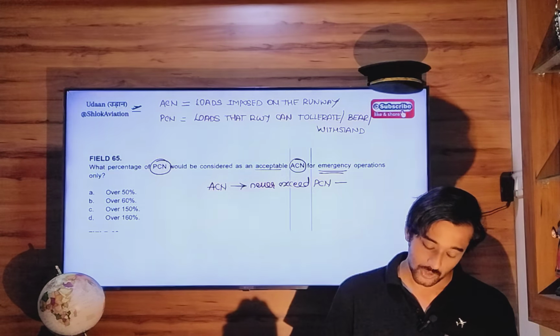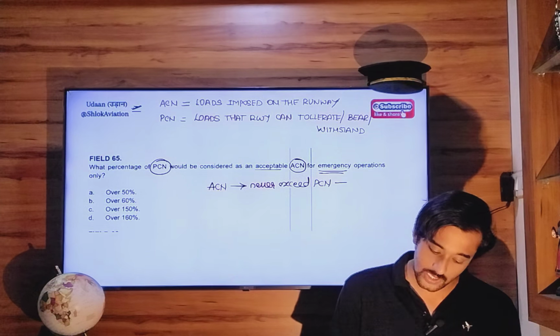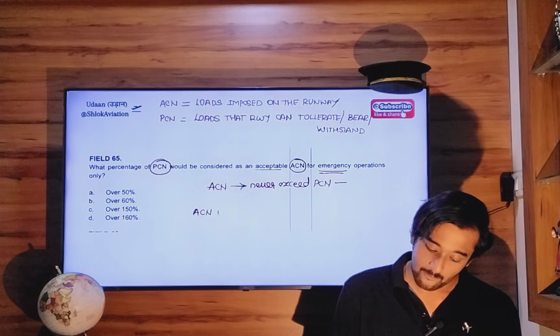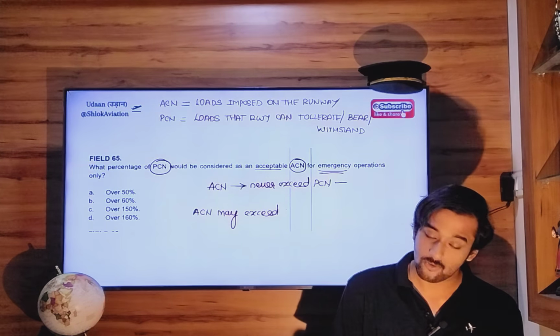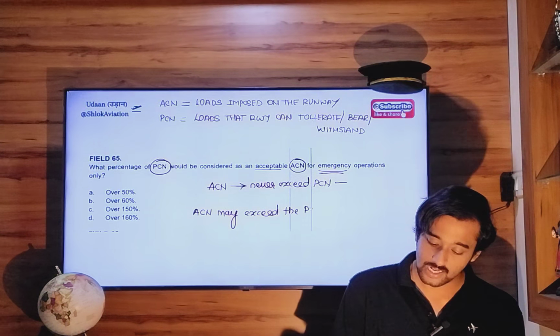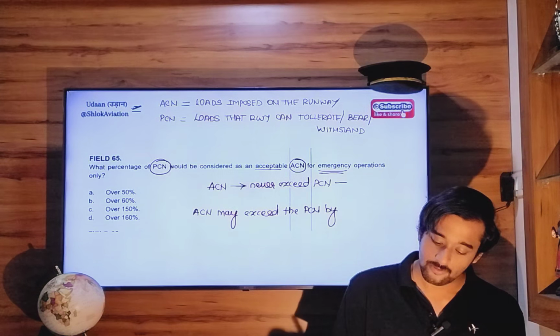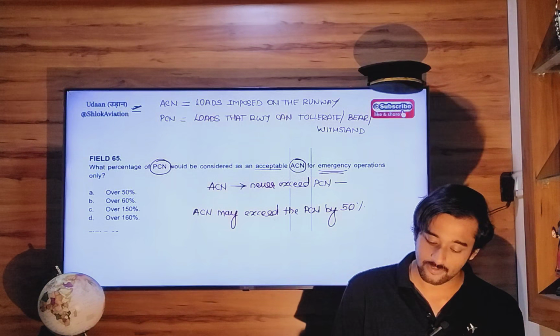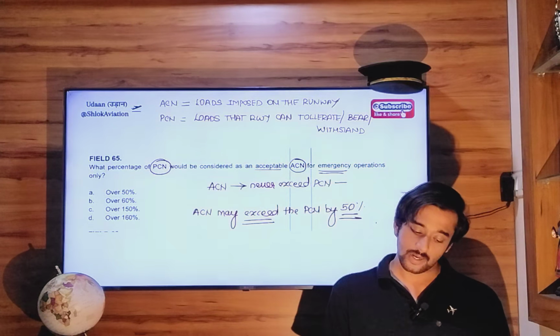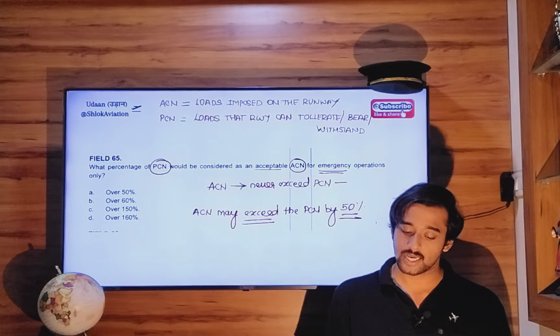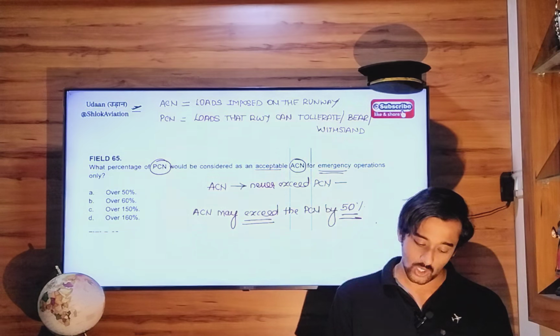Okay, so in such scenarios, aircraft classification number may exceed the pavement classification number by 50%. Okay, so what percentage of pavement classification number would be considered acceptable for emergency operations?